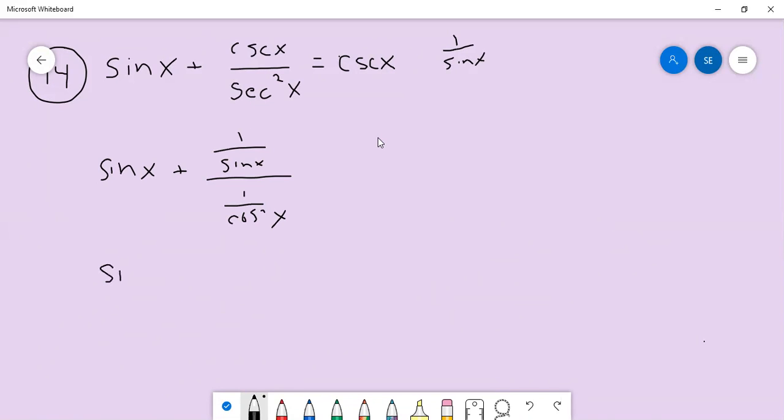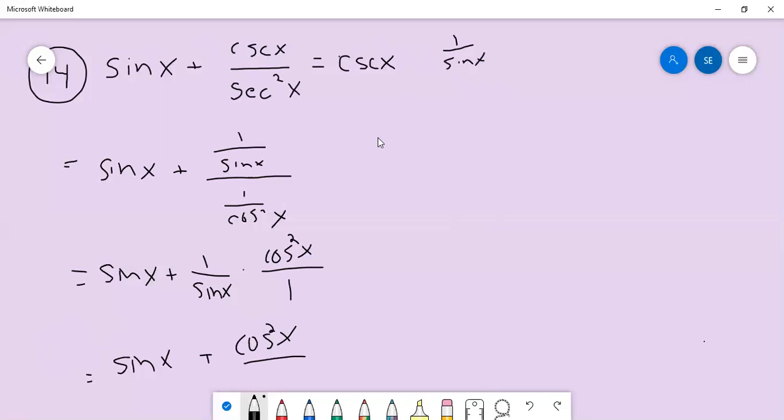So I can rewrite this as sine x plus 1 over sine x times cosine squared x over 1. So this becomes sine x plus cosine squared x over sine x.